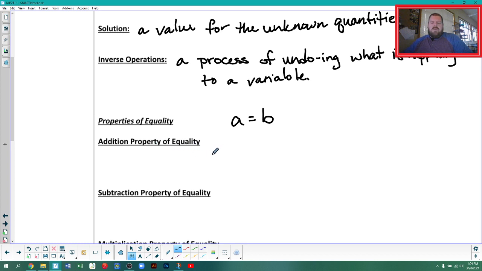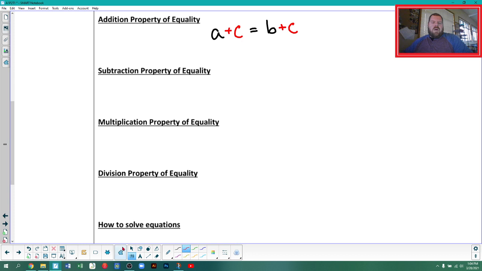The addition property of equality says that I can add the same number to both sides. So if I take the equation A equals B, I can add C to both sides. The subtraction property says that if A equals B, I can subtract the same number from both sides.